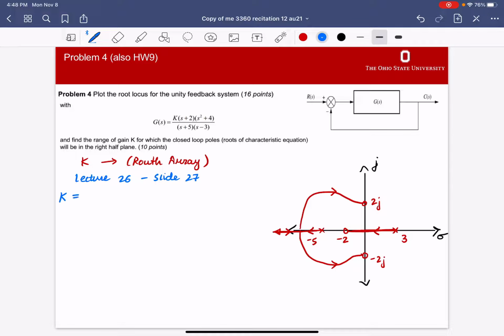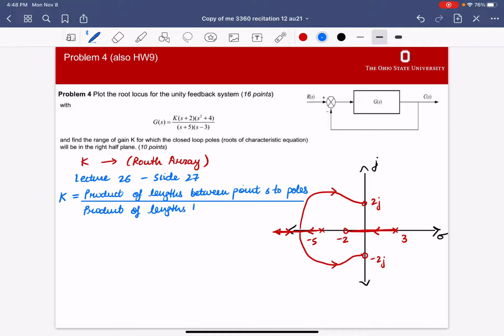And what he said was that the gain at any point on the root locus can be found out with this expression. Right?